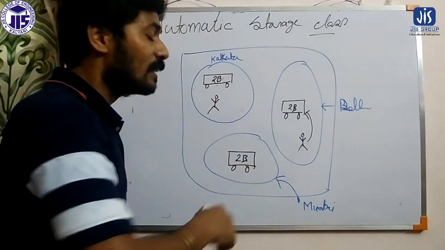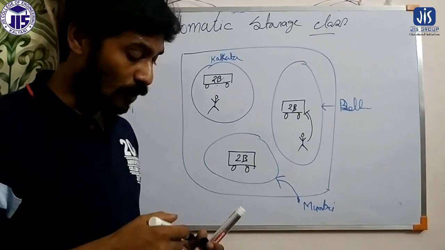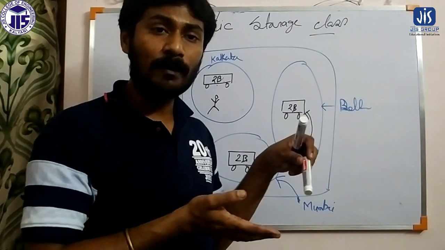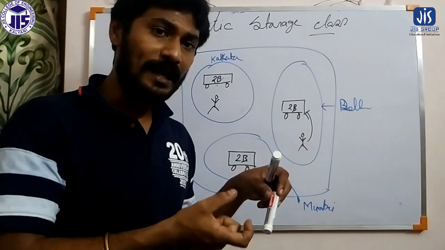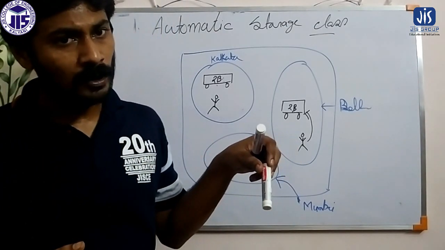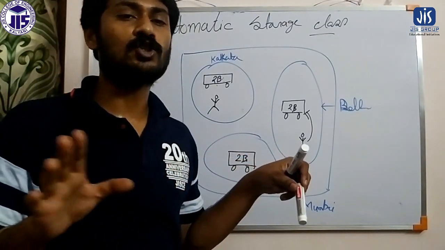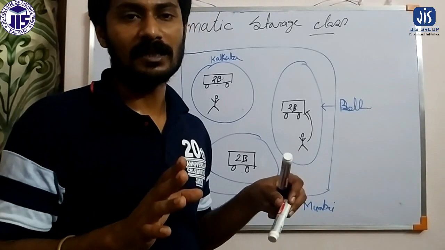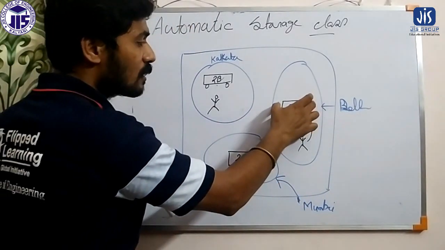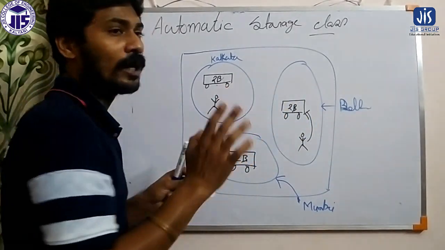That's why these variables are called local. If we declare a variable within a block, that variable can be accessed only within this block. If you get out of that block, then that variable will be destroyed and cannot be accessed. Here, if you get out of Delhi, you cannot access this transport.